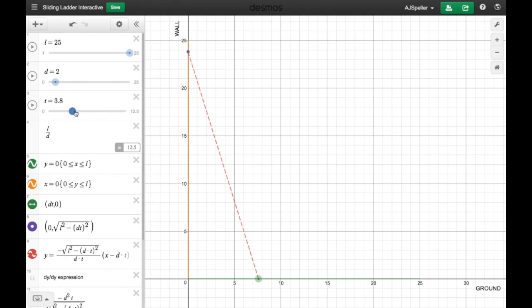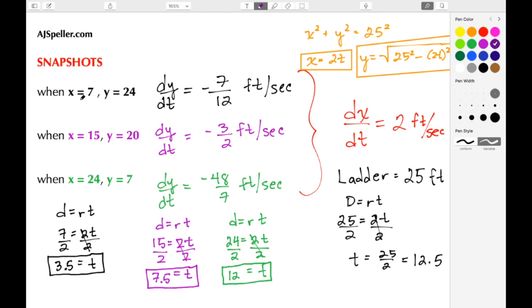So for time, we're going to move this back to 3.5. When it's at 3.5, we see that we are 7 feet away, and the y value is 24. And again, we have that here: the x value is 7 feet away, and the height of the ladder is 24.